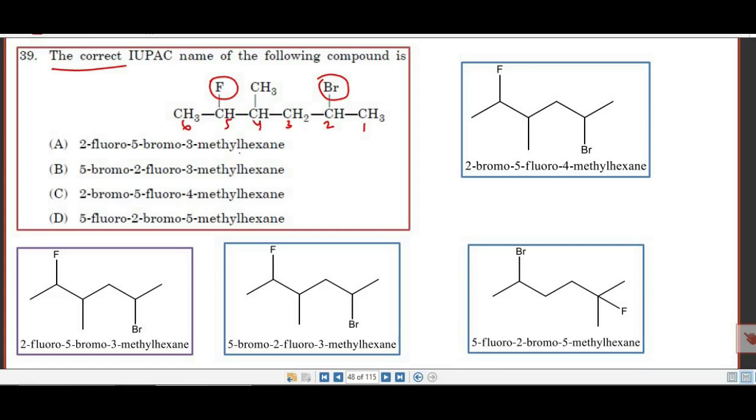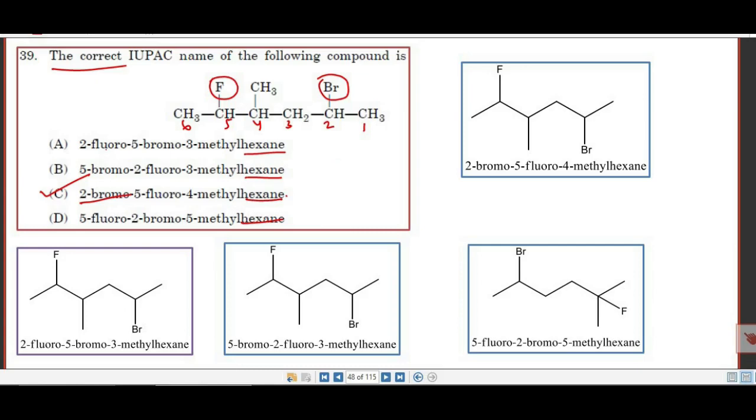It's a hexane, so hexane is given in the 4 options. So 2-bromo is given in option C: 2-bromo, 5-fluoro, 4-methyl hexane. Option C is correct.